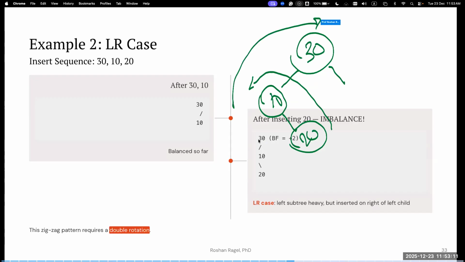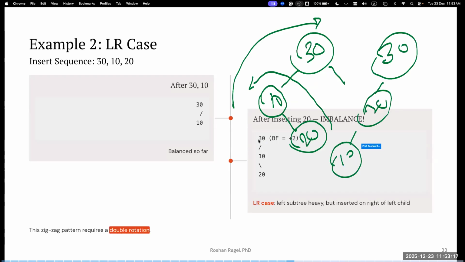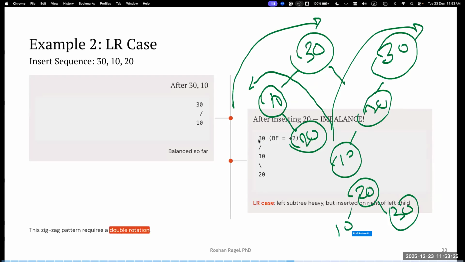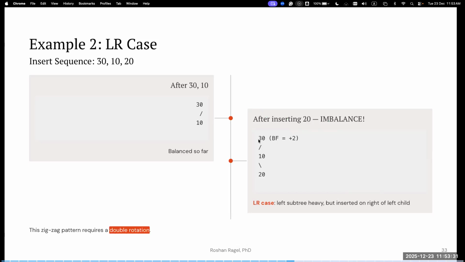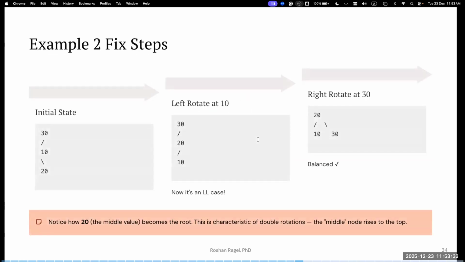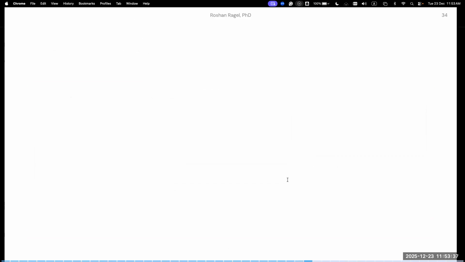So the first rotation will make it 30, 20, 10. When it is 30, 20, 10, we know it's the previous problem. So we can rotate the next one to make it 20, 30, 10. Right, so that's what we'll be doing. So it's the two rotations.